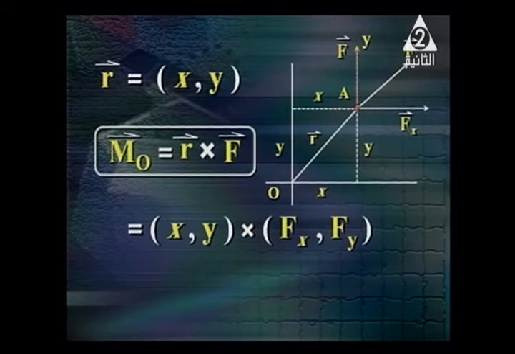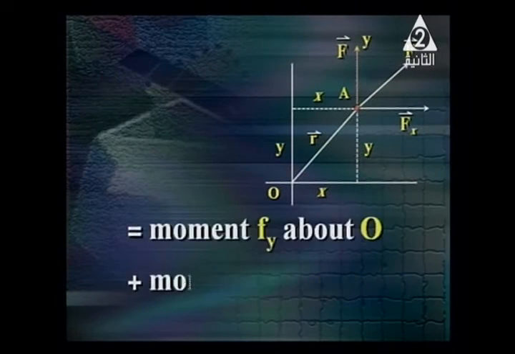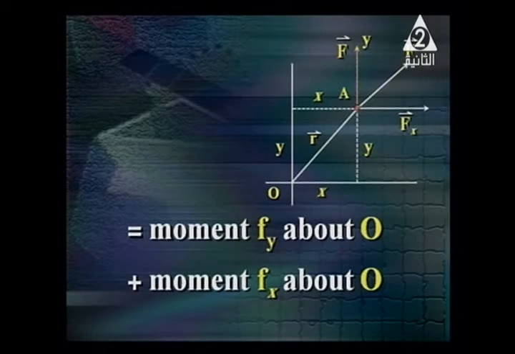The r vector means the point (x, y), and the F vector means (Fx, Fy). Then, using x times Fy in k minus y times Fx in k, this is the moment of Fy about O plus the moment of Fx about the origin.